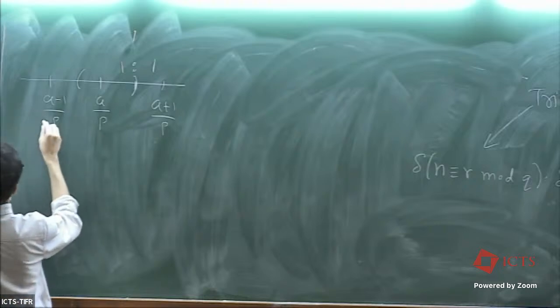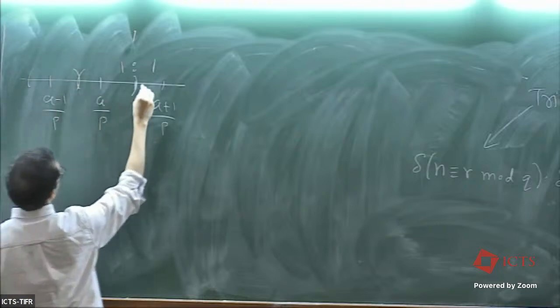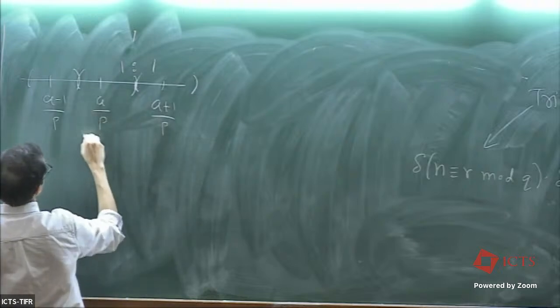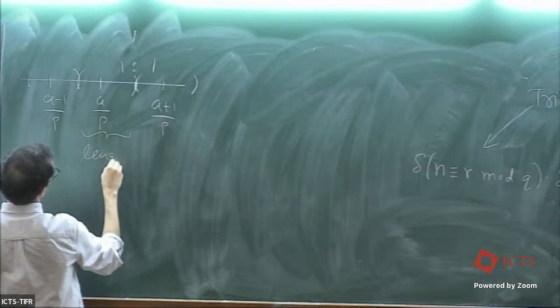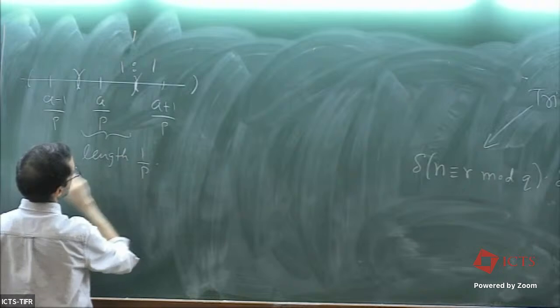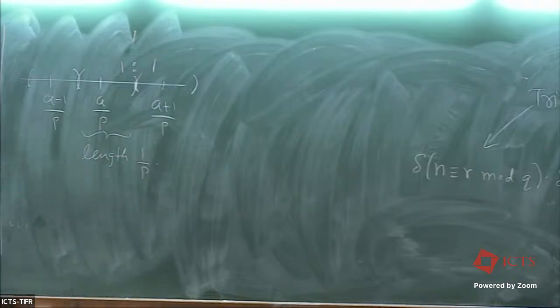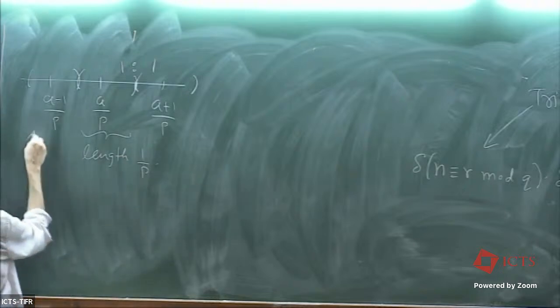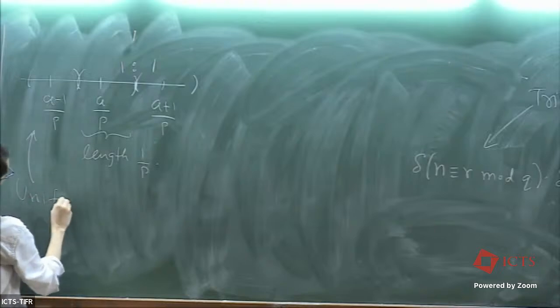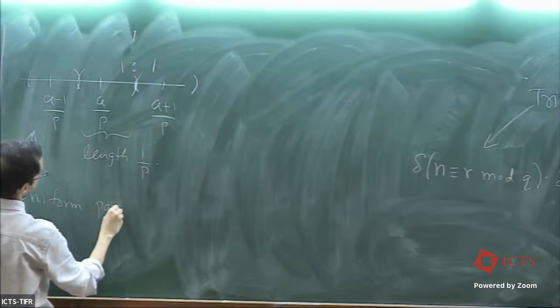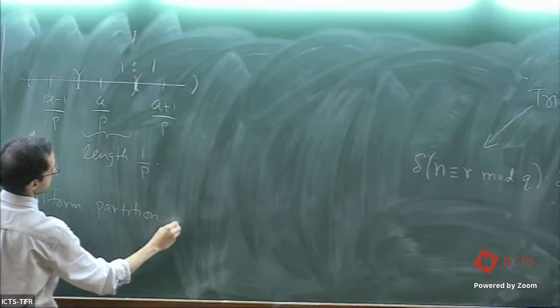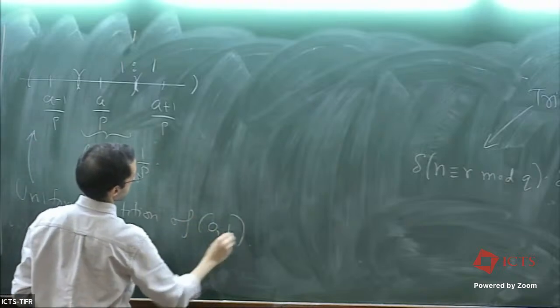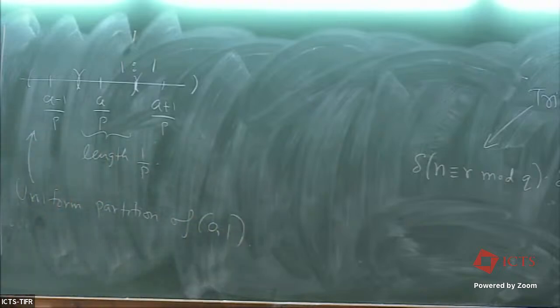So what you're doing is taking just a uniform partition of the circle. Each of these arcs is going to be of length 1 over p. And you can write down a circle method like that, right?